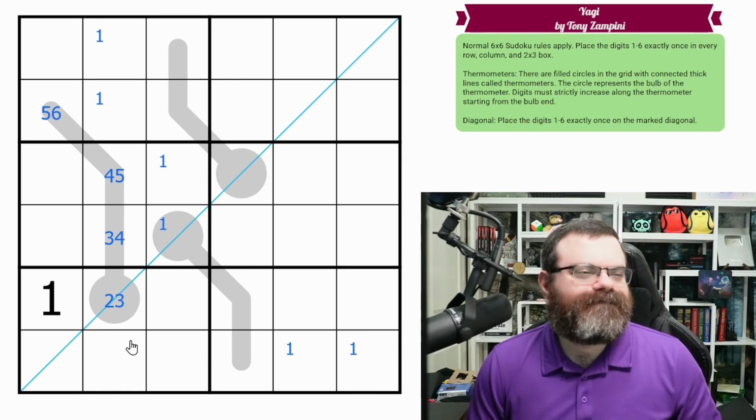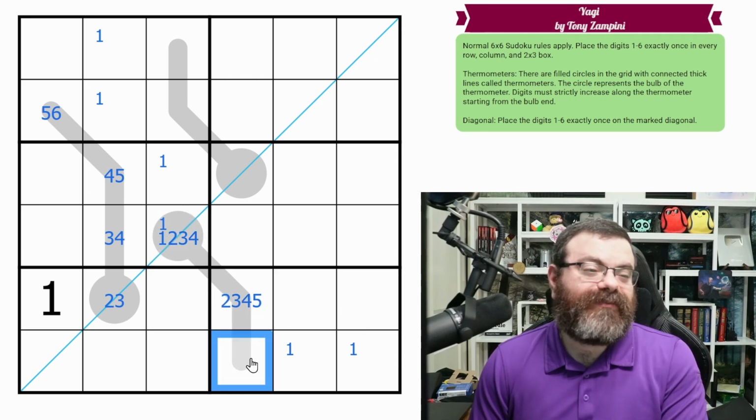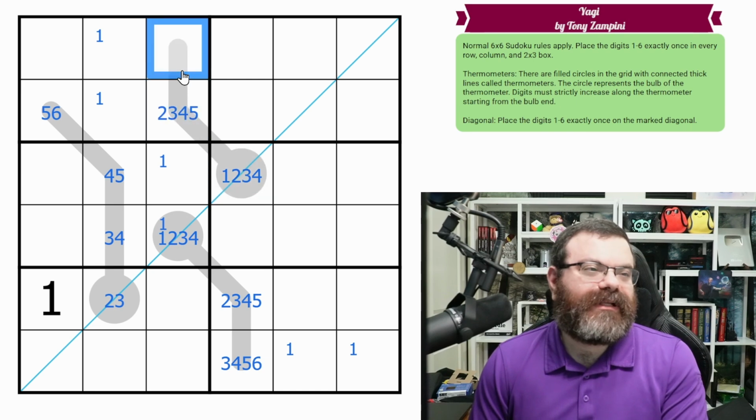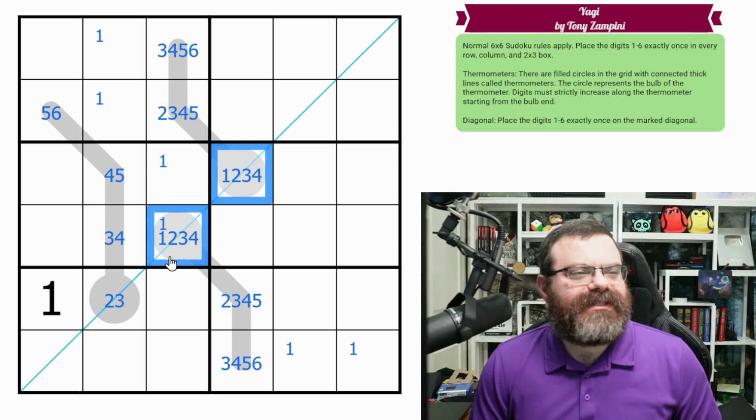Now, what do I do with that? I could pencil these. So this is 1, 2, 3, 4, 2, 3, 4, 5, 3, 4, 5, 6. Same thing here. Now, these two digits are not the same as each other.